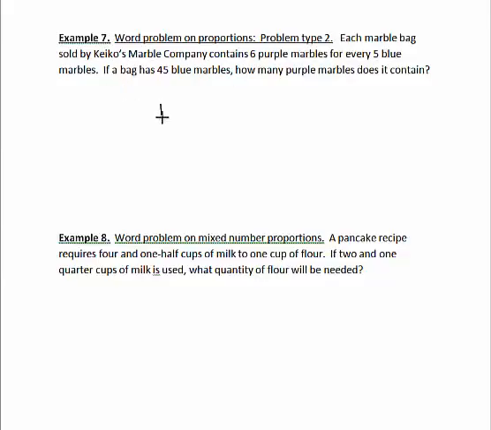So the way I'll set up my ratio is purple in the numerator and blue in the denominator. And for the ratio on the right side of our proportion, we maintain the same format: purple on top, blue on the bottom.